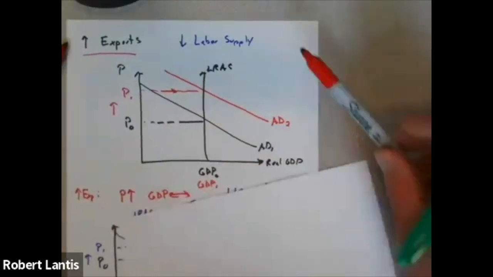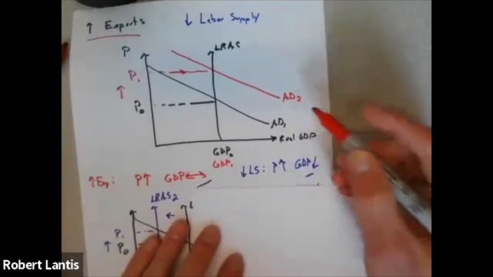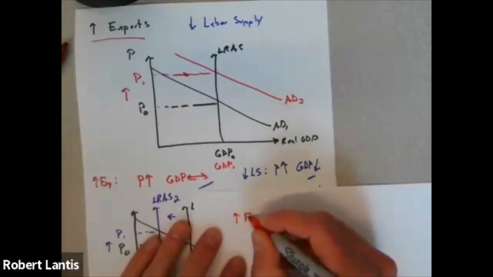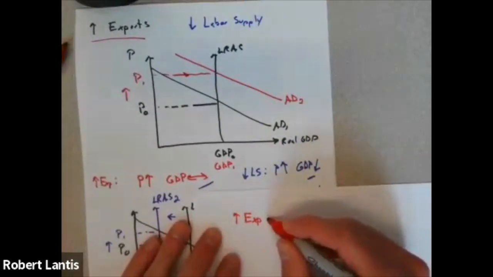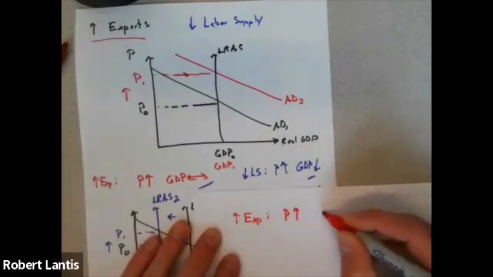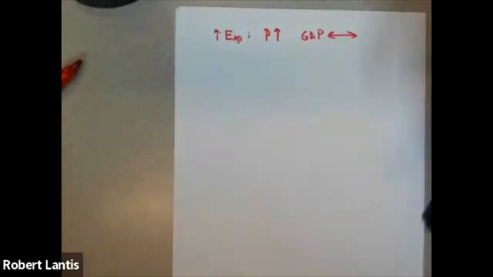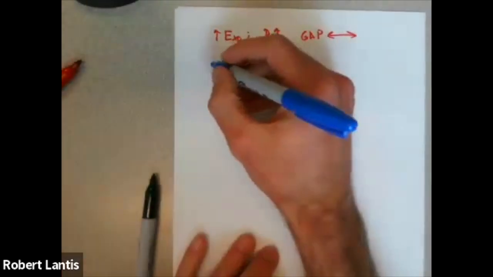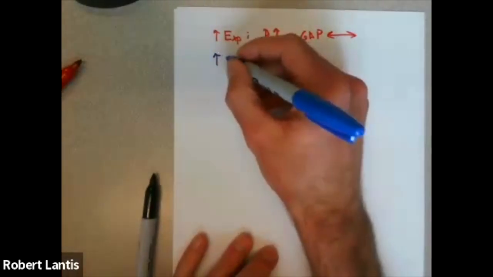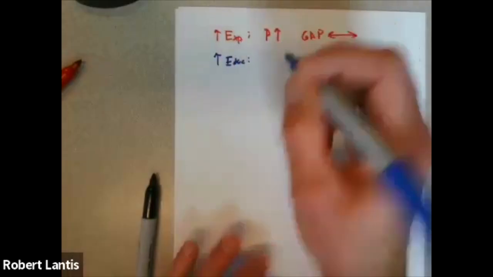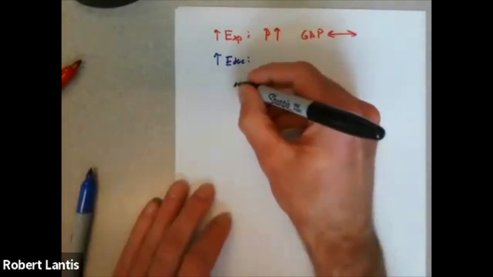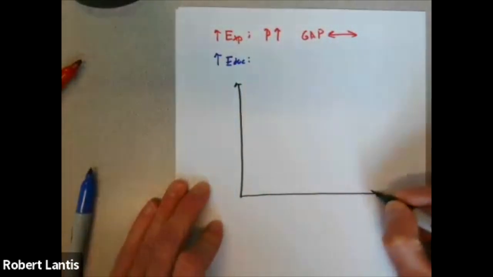We have the same increase in exports, or maybe economic conditions improve, which causes prices to go up and no change in real GDP. Now, if instead of that labor supply change we have this increase in education levels, what will happen from that change in the long run?